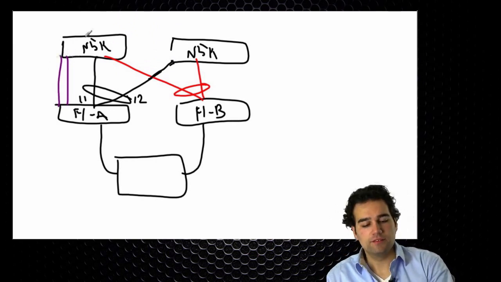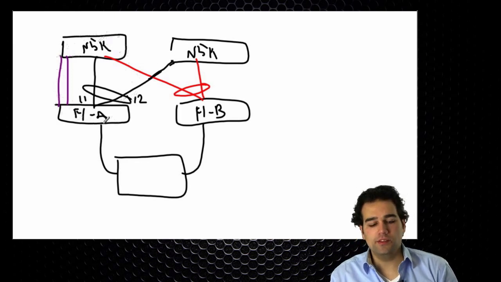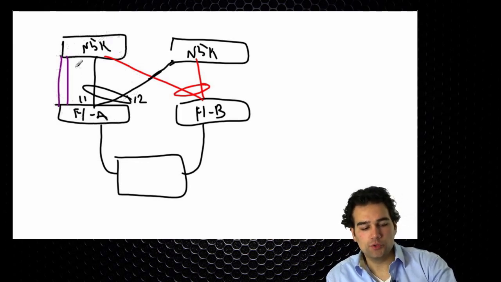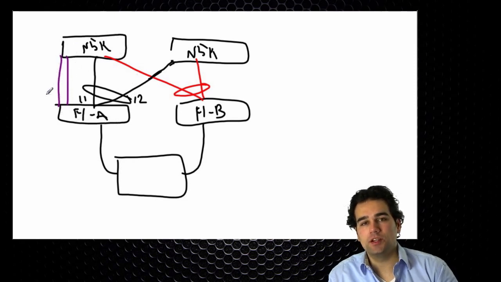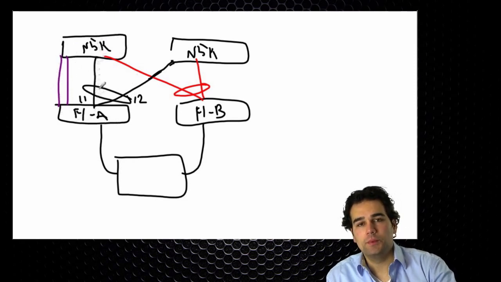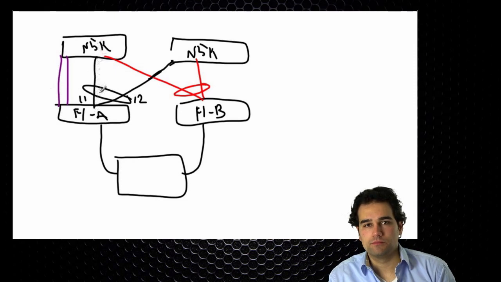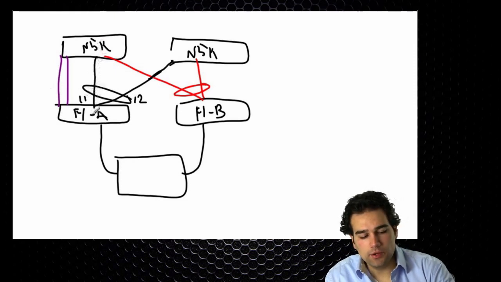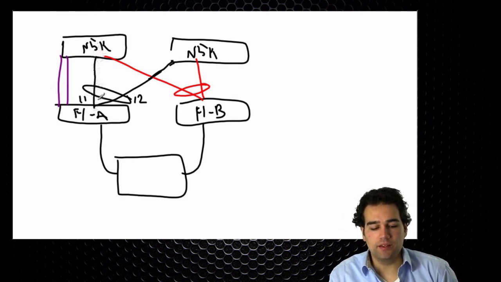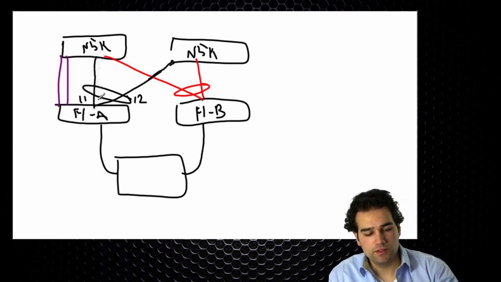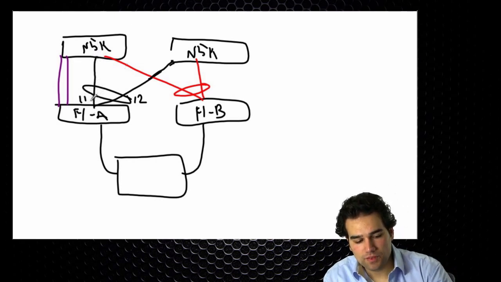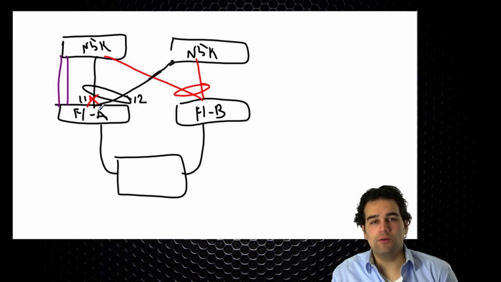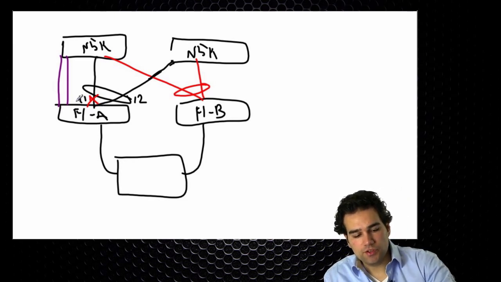So this is my connectivity on the fabric interconnect. What I'm going to do is replace the fiber channel uplinks with an FCoE uplink interface. In that case, I only have one Ethernet cable between the fabric interconnect and the Nexus. So I'm going to take this port out of the port channel and use the same port to create a FCoE uplink.